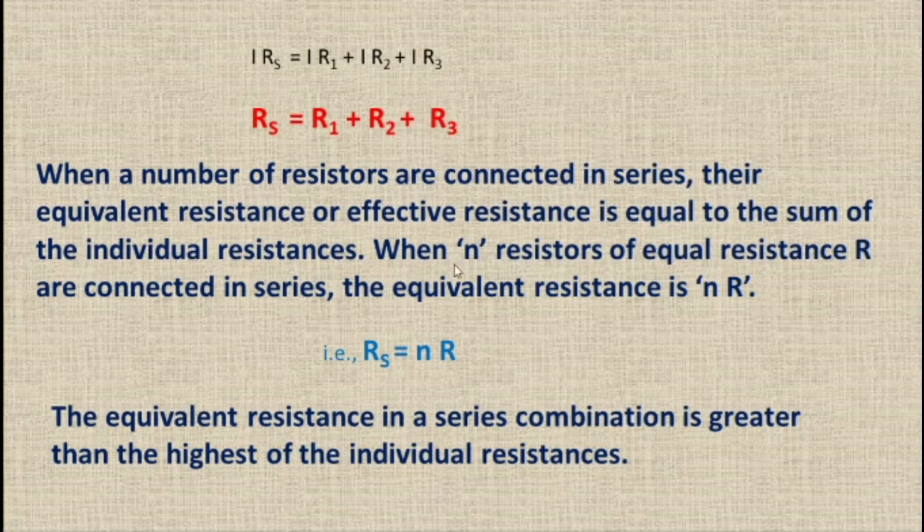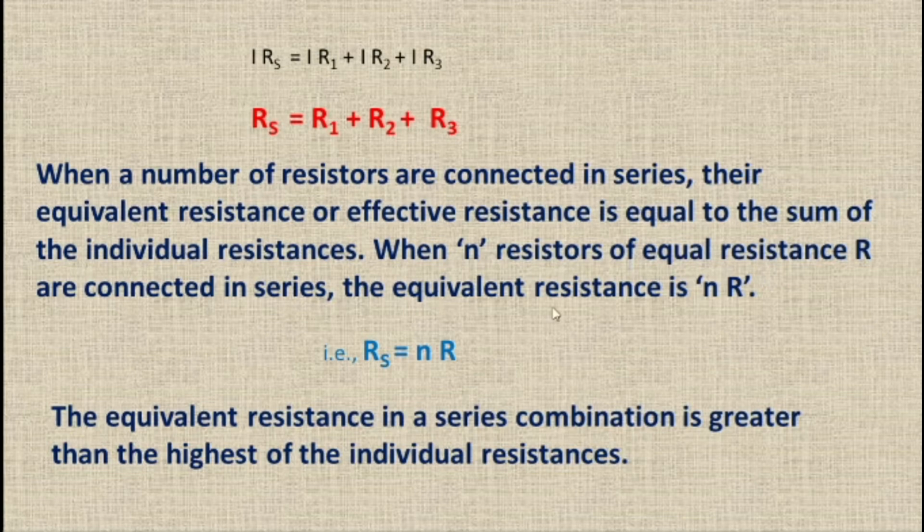When a number of resistors are connected in series, for example 100 resistors or more, their equivalent resistance RS is equal to the sum of the individual resistances. For example, take n resistors of equal resistance, say 5 ohms or 100 ohms, connected in series.